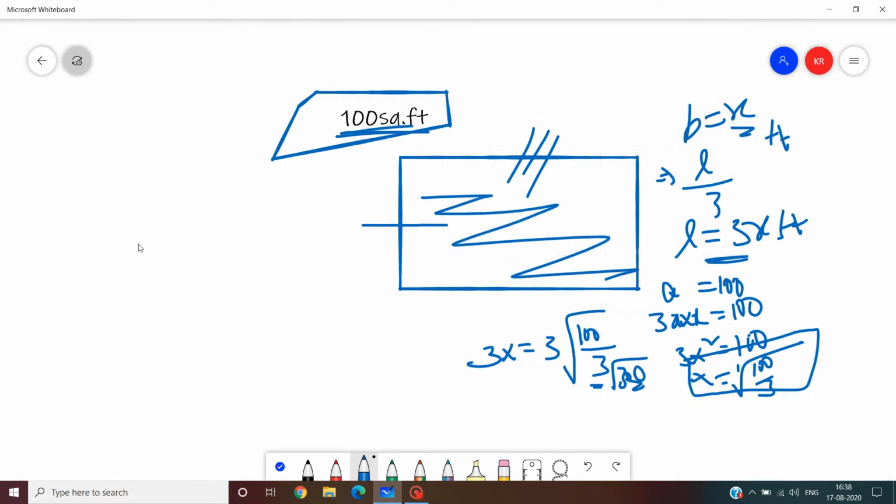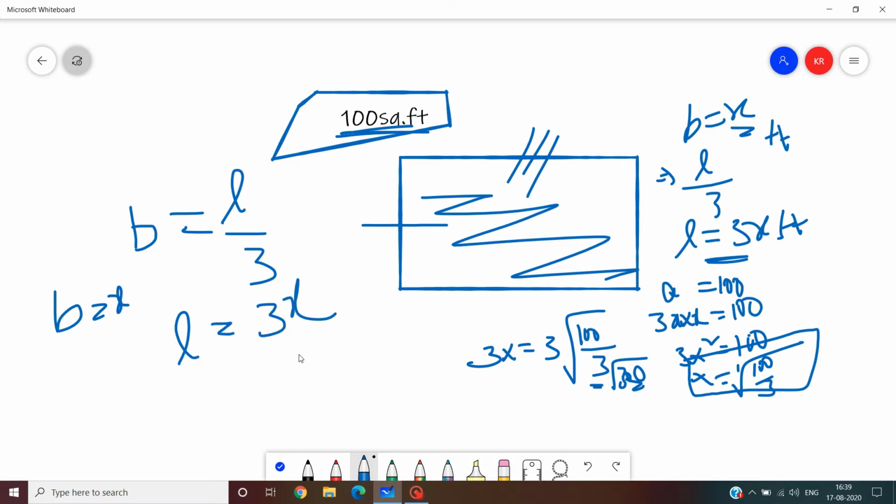Like, see, from the basic information he said breadth is a third part of length. So initially I'm assuming that breadth is x, then how much will be the length? That will be 3 times x.